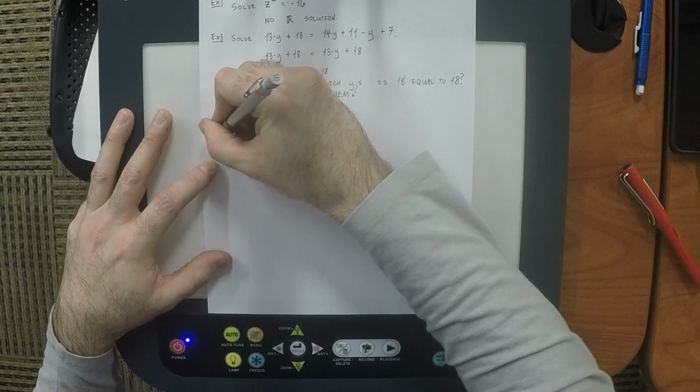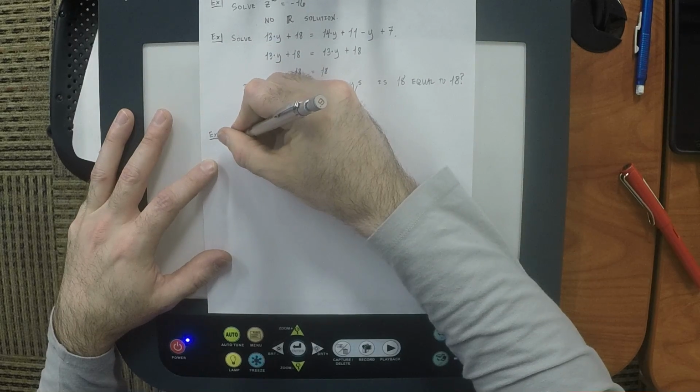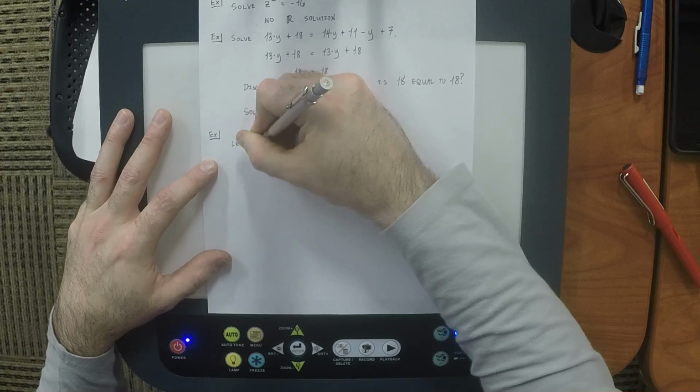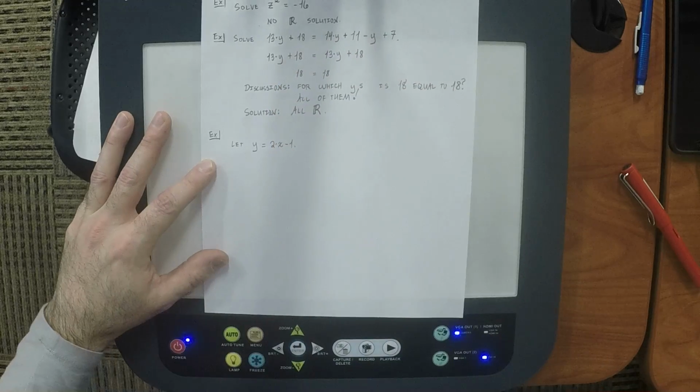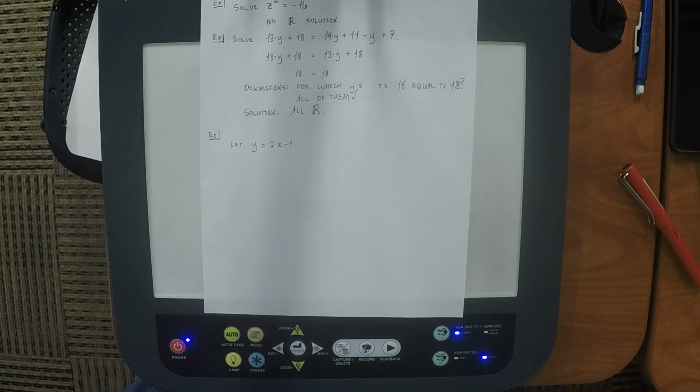So for example, I could say, let y equal 2 times x minus 1. This equation is different than the previous examples because now there's two variables.